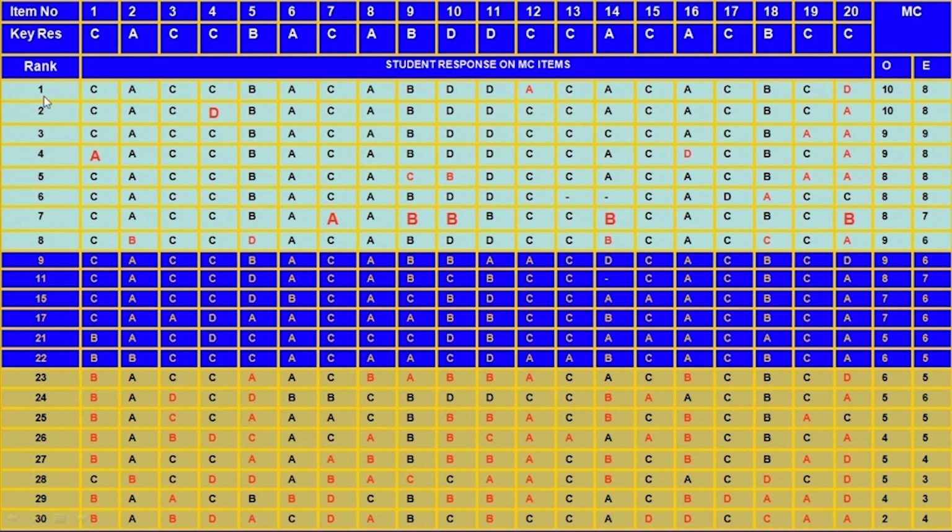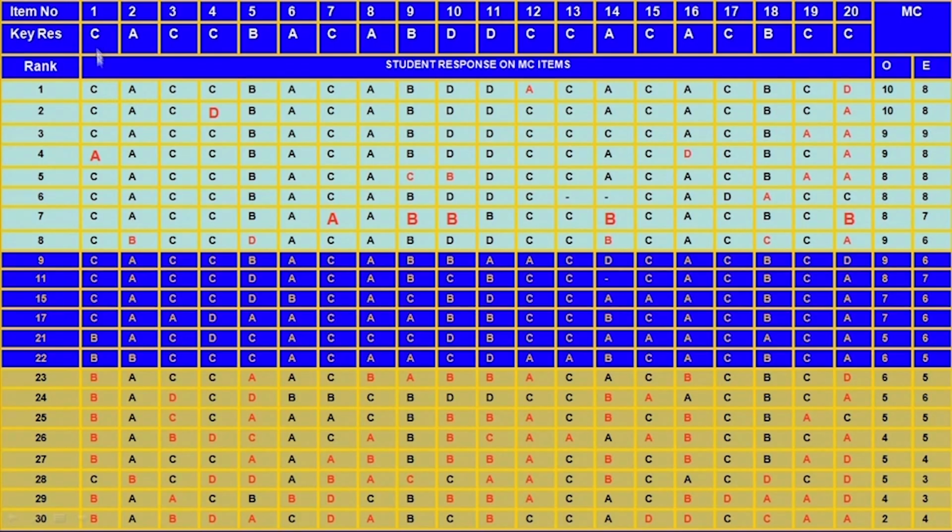Student number 1, at the end we have graded them, and whoever is the topmost, who has scored maximum, we have put that as number 1. This student has a rank of 1, and we find that he has got all of this right. The black indicates that they are all right.